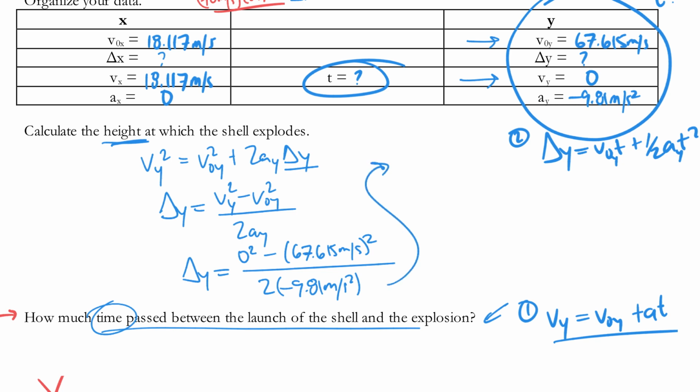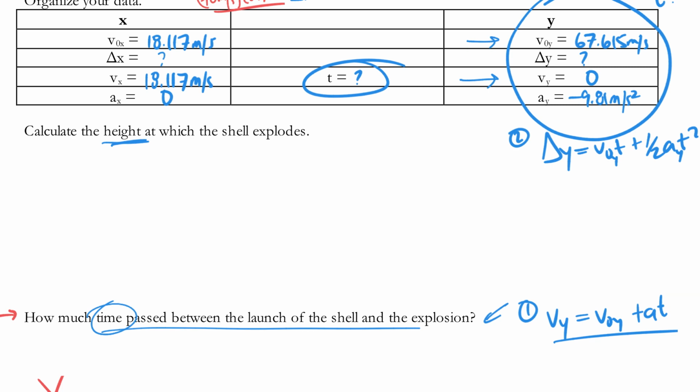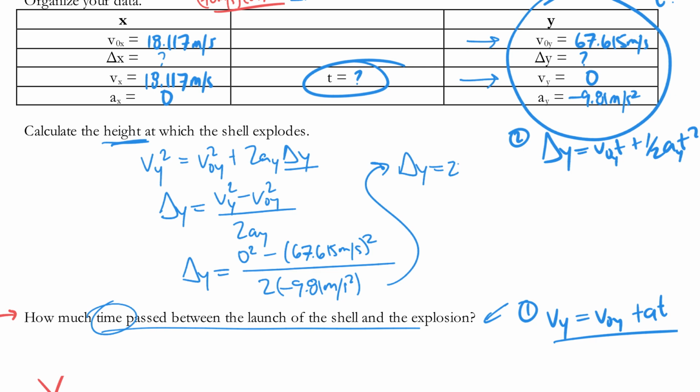So we're going to go up here, and I'll get delta y equals, let's see, 67 squared. What are we looking at? 4,500 divided by 20? So 250 or something? Let's see, 233.02. Wow, I didn't think I would be that good on this one.